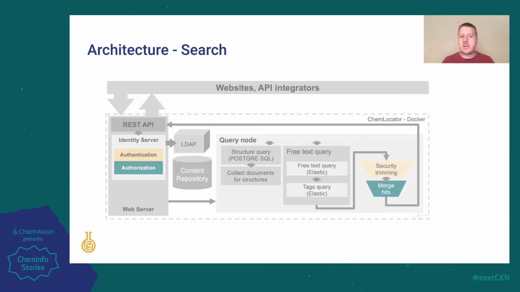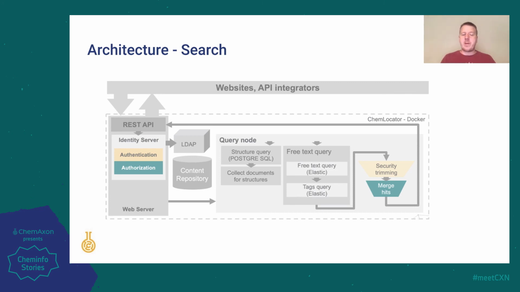The other part of the application is the search, of course, which can happen after the indexing. This is using the same REST API under the hood, and this is working exactly the same way. We have the clients, which can be real customers, real users, it can be websites, it can be API integrators, so it can be a lot of things, because the REST API is available to all of them.